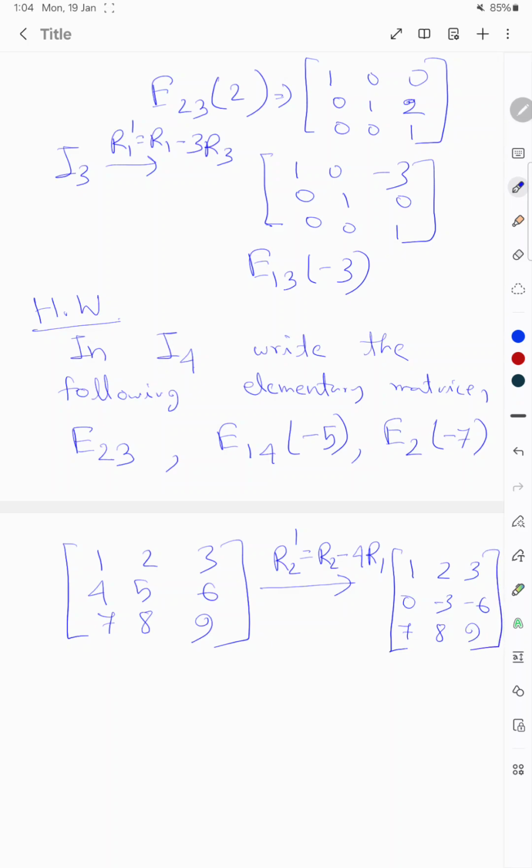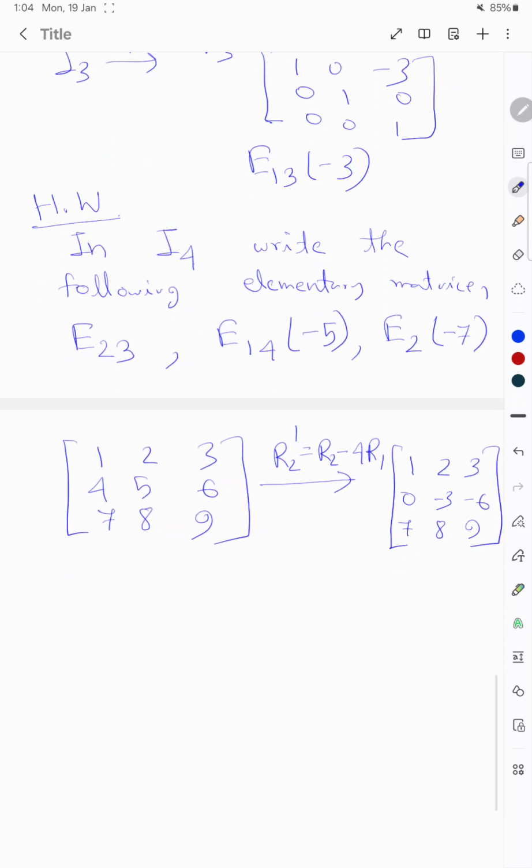Now instead of doing this, just think R2 minus 4R1 corresponds to which elementary matrix. You can think this is your E21 minus 4, right? I think it should be clear from your previous discussion. This is your online link, you just go backward and listen again. In this way it will be, I think, better for you also.